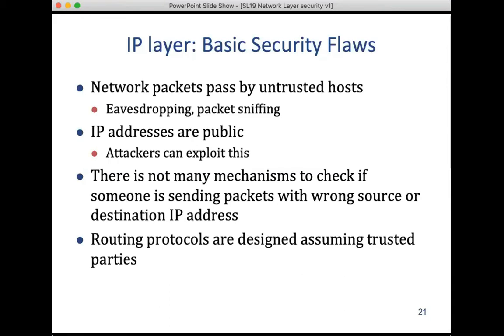Okay, then again there is a very basic mechanism. You can create an IP packet, and anybody can create an IP packet. Let's assume that Trudy wants to create mischief. He can always make a packet with the wrong source IP address.